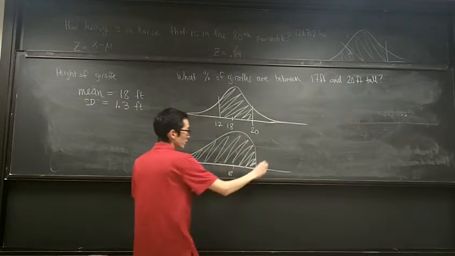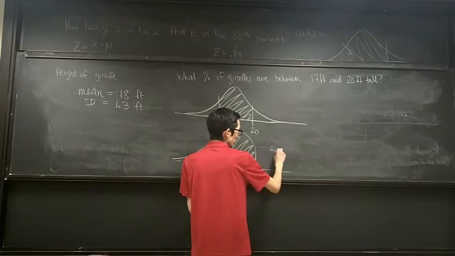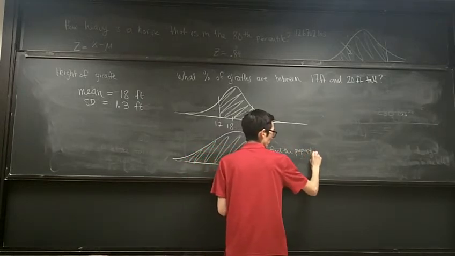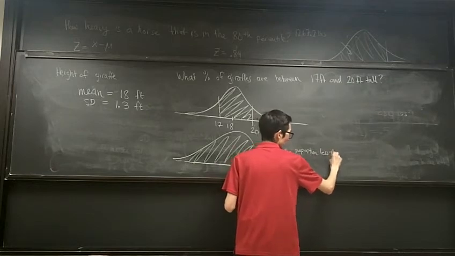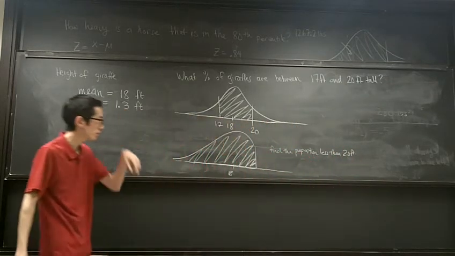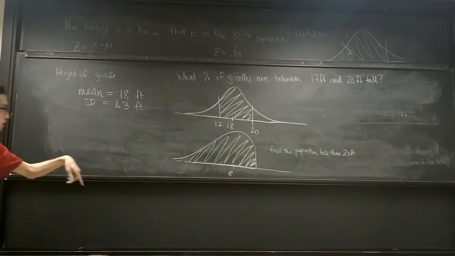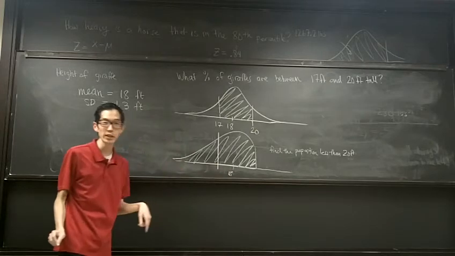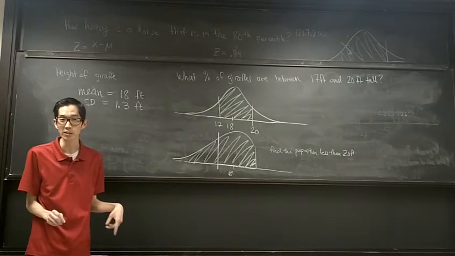That's going to be step one. Find the proportion less than 20 feet tall. And then, from there, I'm going to find out the proportion that's less than 17 feet tall.